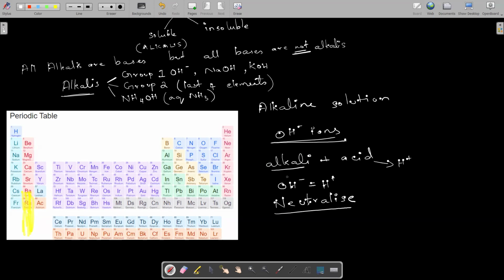So an alkali has hydroxide ions, and if you add this alkali to the acid which has hydrogen ions, it will neutralize the excess hydrogen ions. So this neutralization reaction between an acid and an alkali can be represented by an equation. So let's write the equation for neutralization.